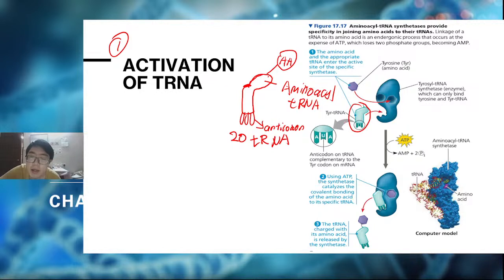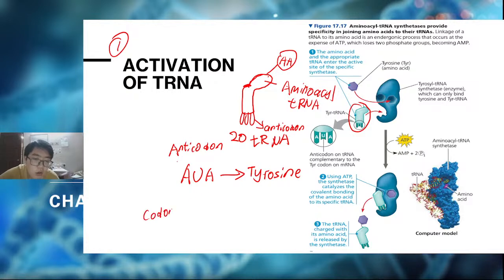Like in this example, the anticodon is AUA. AUA is responsible for the amino acid tyrosine. This is the anticodon. The complementary site, which is the codon, is AU.